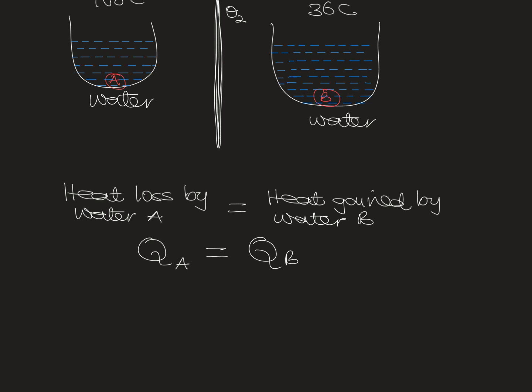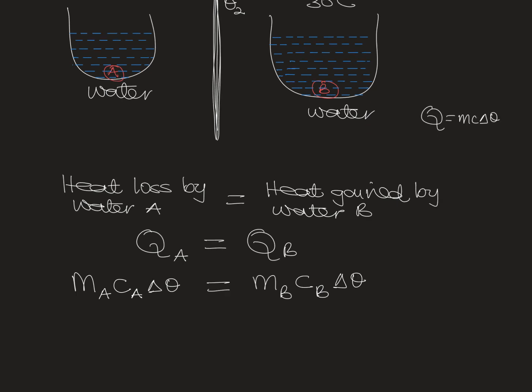So since there is a change in temperature for both cases, this will be mass of body A, the specific heat capacity of body A, multiplied by delta theta, that will be equal to mass of body B, the specific heat capacity of body B, multiplied by change in temperature. So remember, we are using Q is equal to m c delta theta.